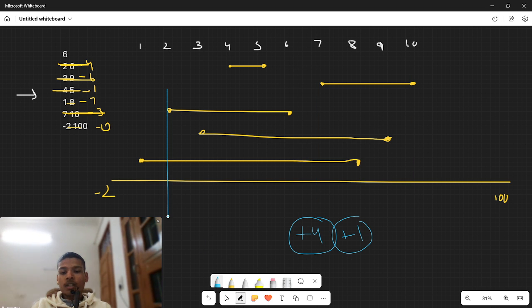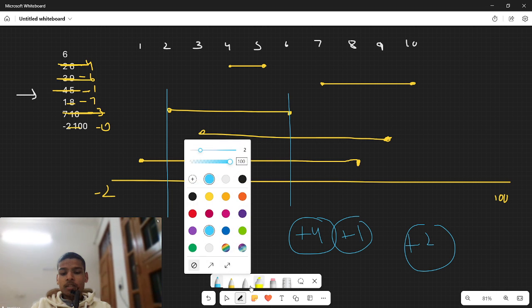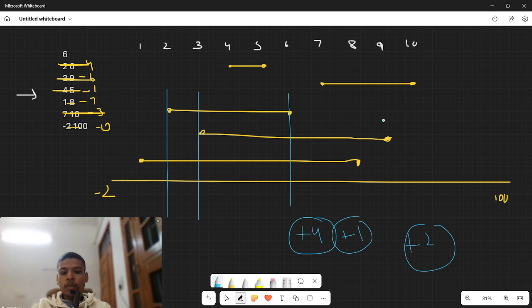Now for this part, in how many intervals it is completely summarizing, it is also plus 2, sorry, plus 2. Okay. Now for the next part, that is my this interval. In how many part is this coming? So that is only one, and that is the last part, which is this. Plus 1 for this also.